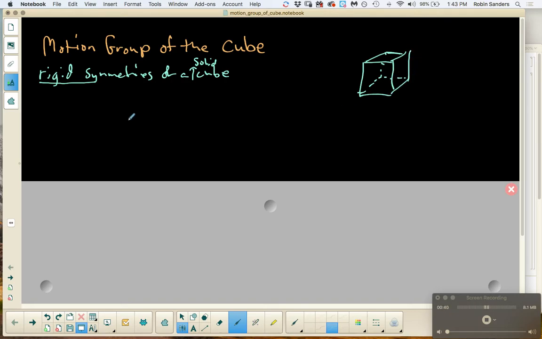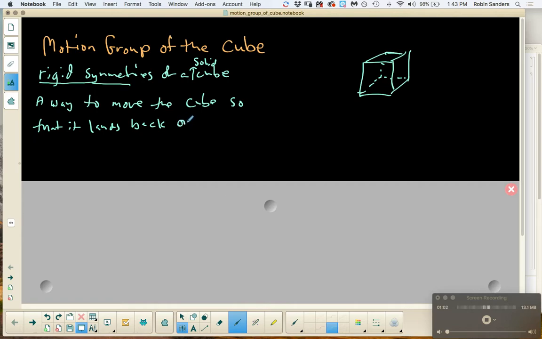And essentially a rigid symmetry is going to be a way to move the cube so that it lands back on itself. In other words, once we've done the motion, the cube is physically in the same place.